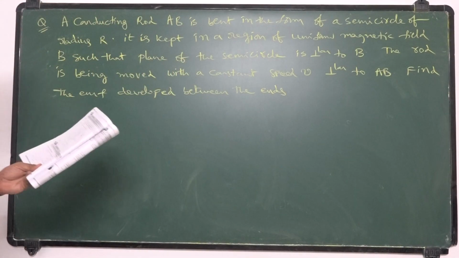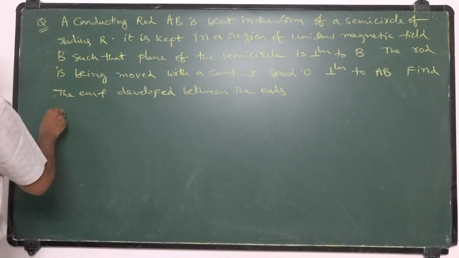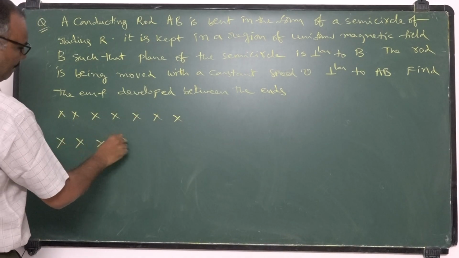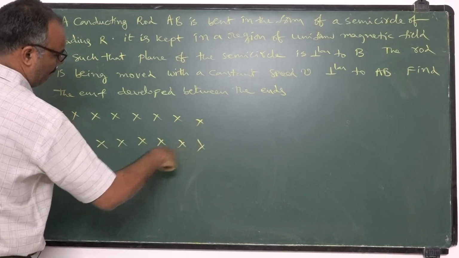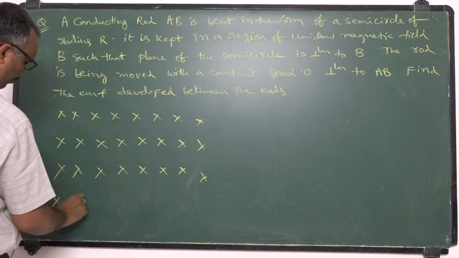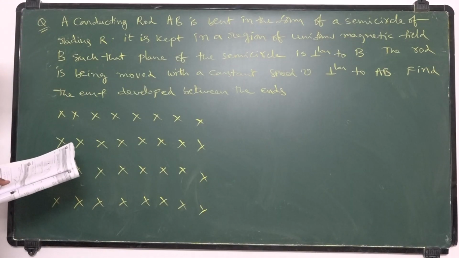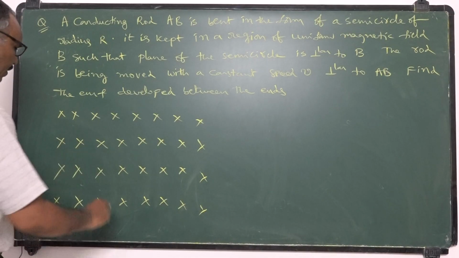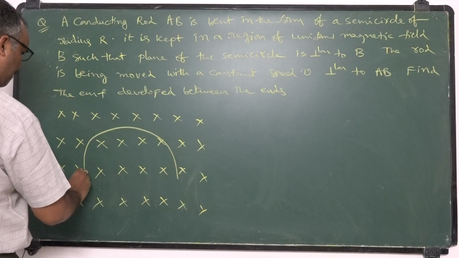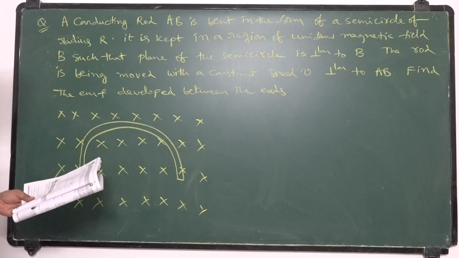So the question figure consists of a uniform magnetic field. In this magnetic field, the given rod is bent in the form of a semicircle. This is the semicircular rod. The name of the rod is AB.